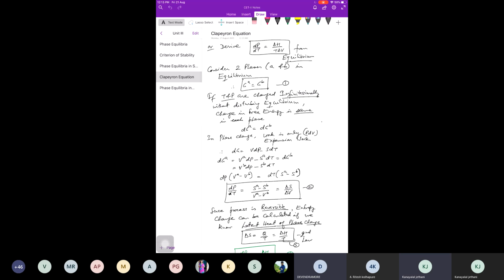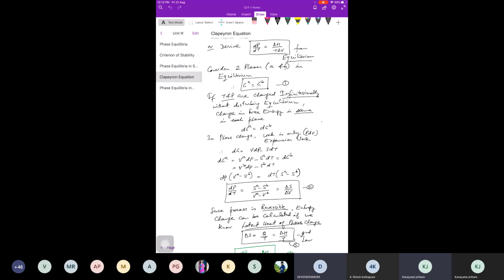SA minus SB is not zero. When you say dGA zero हो जाएगा, dGB, that means you are saying delta S is equal to zero. It is not the case. Entropy is always changing.